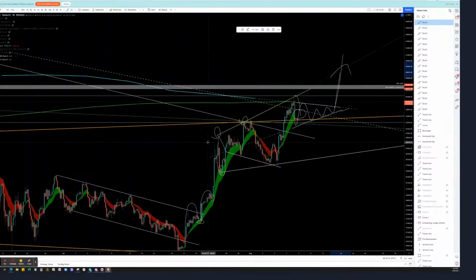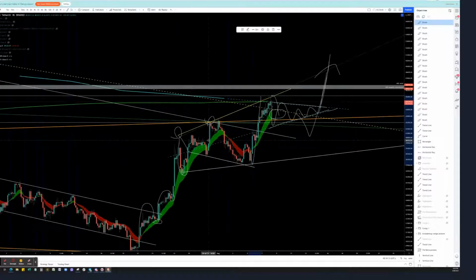Every time there is resistance, you have consolidation before you go up. Just as it goes up, it has that one last dip and then up. So that looks good.